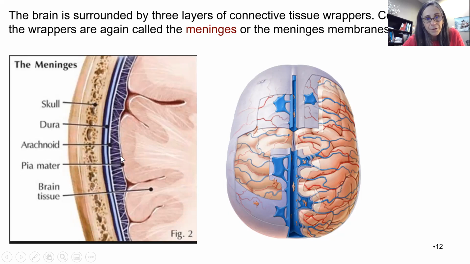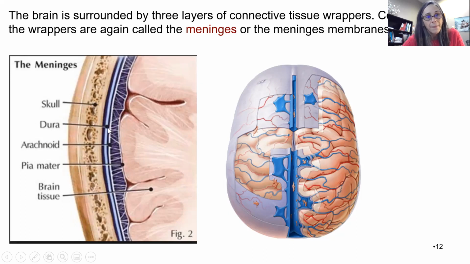The pia mater, as you can see, is right over the cortex of the cerebrum, and it's very delicate. It doesn't take anything to tear through it. The arachnoid mater has fibers going from one side to the other. It actually looks like the San Francisco Bridge, so it's spidery because of those fibers.